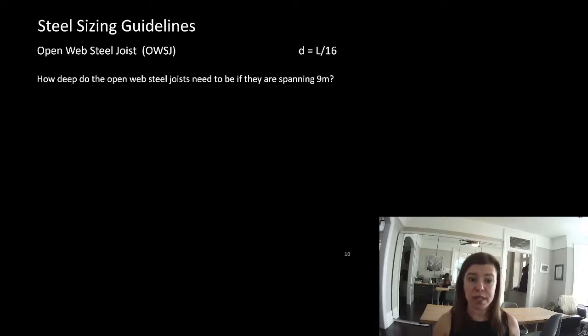Maybe you can make use of that. Maybe you found out that mechanical had some issues and so you need to deepen those anyway. But always round up. Always go to the bigger size because that's always going to save your butt in the end. So we would pick a 600 deep open web steel joist.